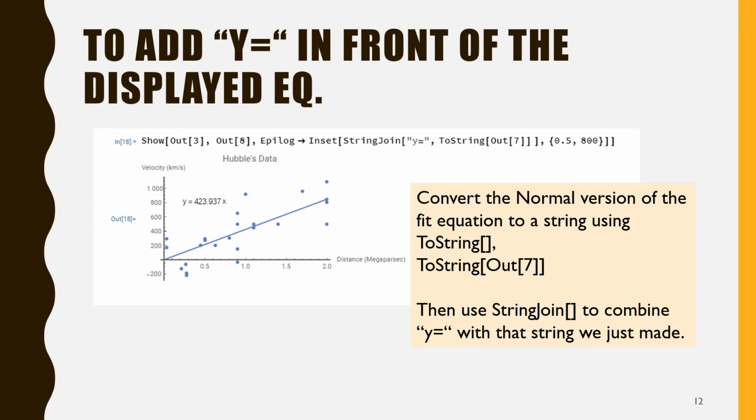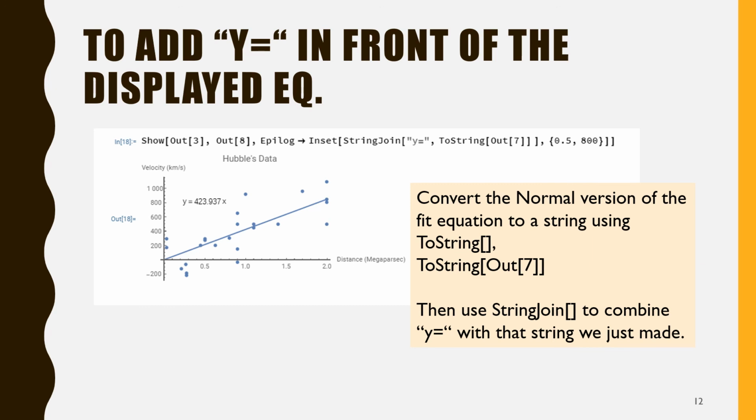If we want to add a simple little y equals in front of our displayed equation, we have to do two things. Out 7, which was the Normal version of our equation, is a mathematical function. But if we want just the letters and words of it, then we say ToString.